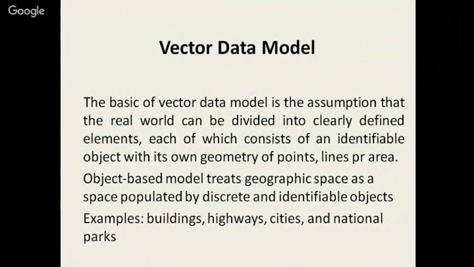Object-based models treat geographic space as a space populated by discrete and identifiable objects, for example, buildings and highways. As I talked about earlier, it uses the principle that each geographical space can have its own discrete, identifiable, linear or polygonal shapes.